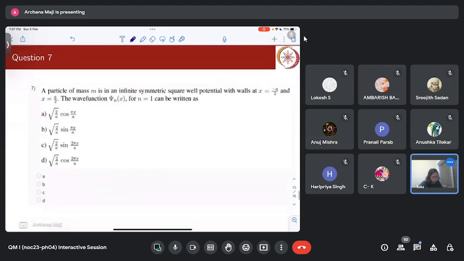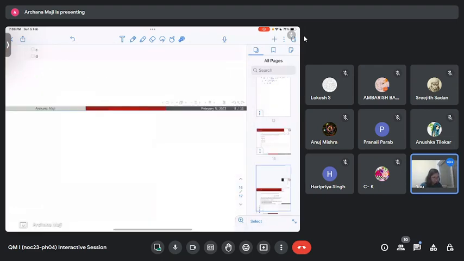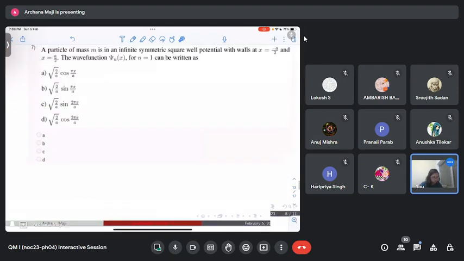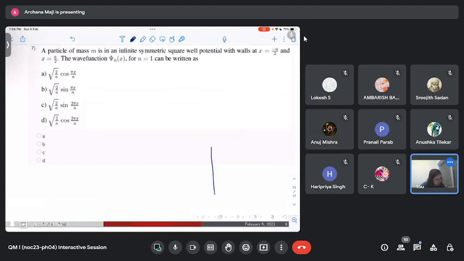Okay, now for this question we need to solve the infinite symmetric square well potential, again one dimensional, but now it is symmetric. So let us solve it. This is again an infinite potential.